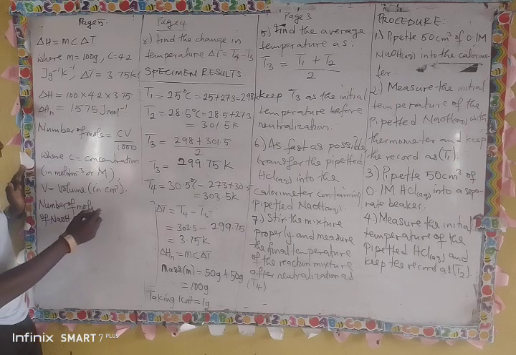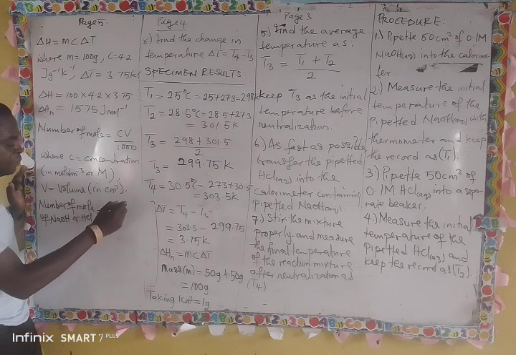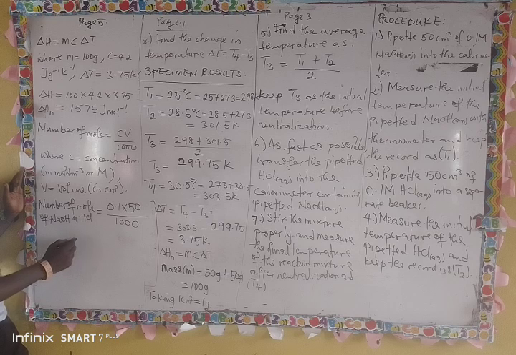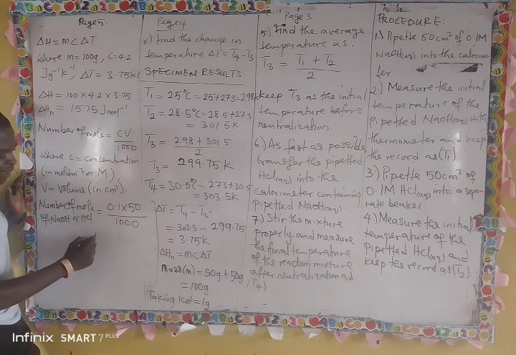So what am I doing here? 0.1 times what? What is the volume? 50, over 1000. Please press for me. 0.1 times 50 is what? 5.